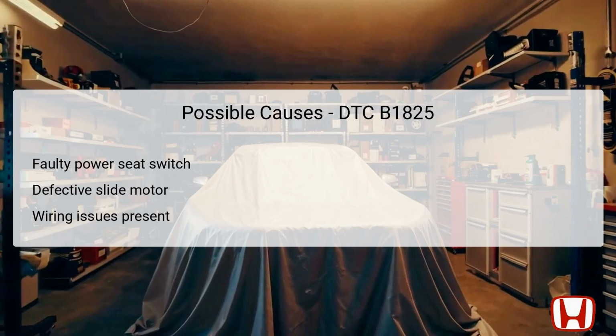This malfunction can restrict the movement of the seat, further triggering the DTC. Additionally, wiring issues such as poor connections, frayed wires, or shorts can interfere with the circuit, preventing proper communication between the components. Inspecting the wiring and connectors is paramount in diagnosing this error. Hence, understanding these causes is vital for precise troubleshooting.